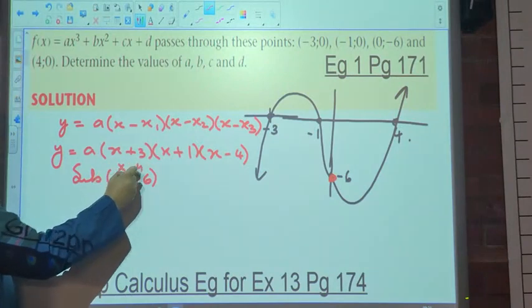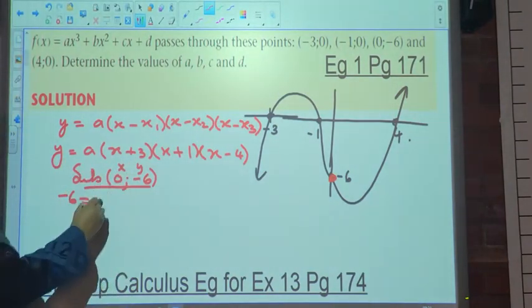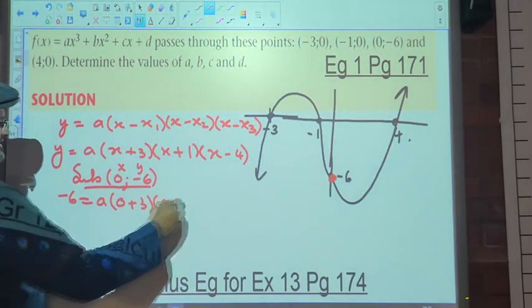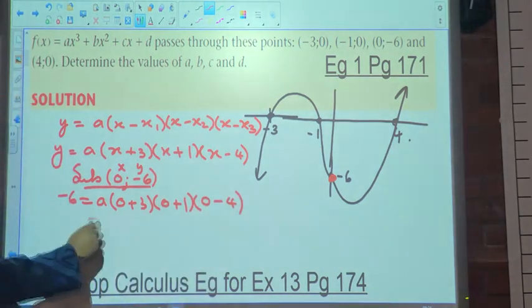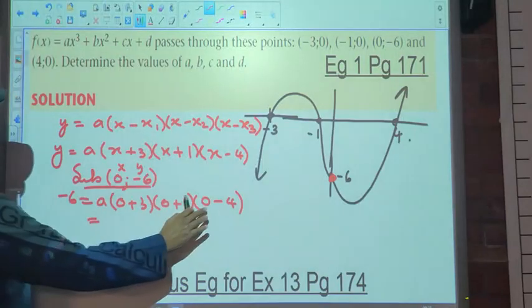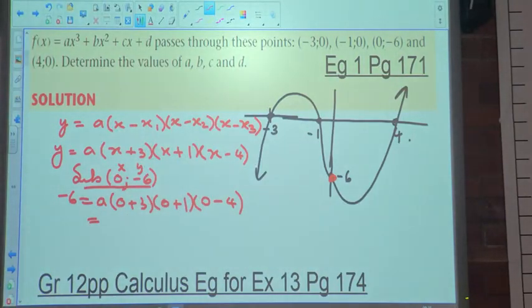That's an x and a y. So negative 6 is equal to a into 0 plus 3, 0 plus 1, 0 minus 4. So what's 0 plus 3? 3, that is 1, that's minus 4. What's 3 times negative 4? Negative 12, so it is negative 12a.